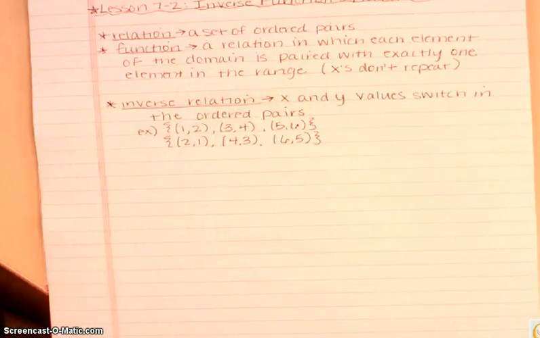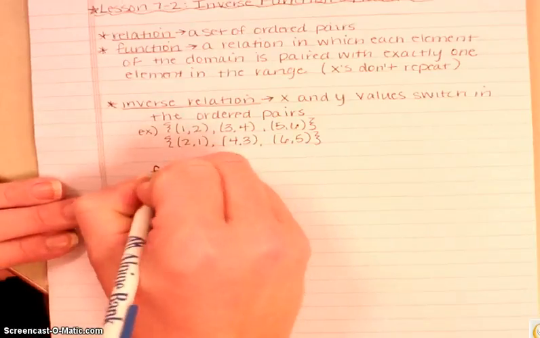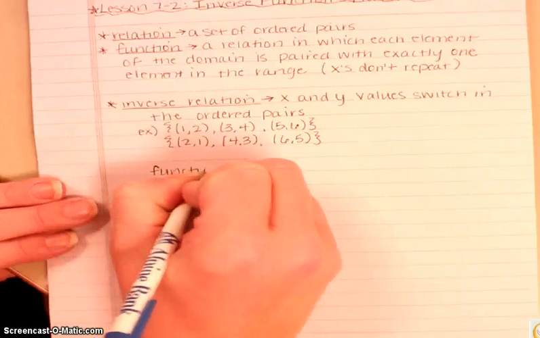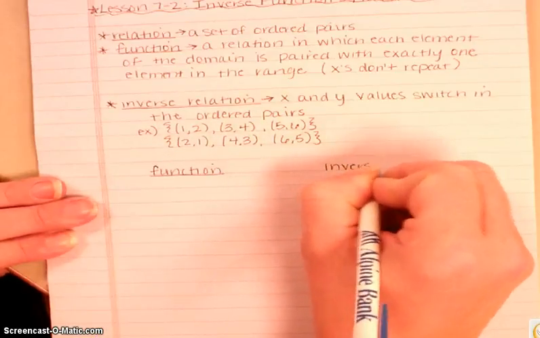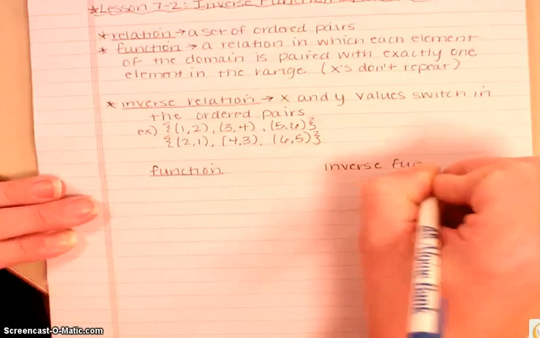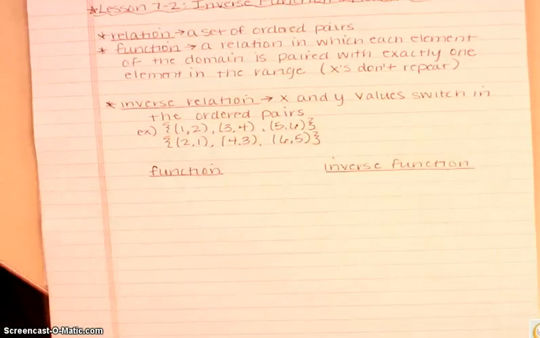Pretty simple. Now, if we're looking at a function, let's say a regular function, I'll compare that with an inverse function, because we kind of already looked at ordered pairs. It's just a matter of how else this is going to look.